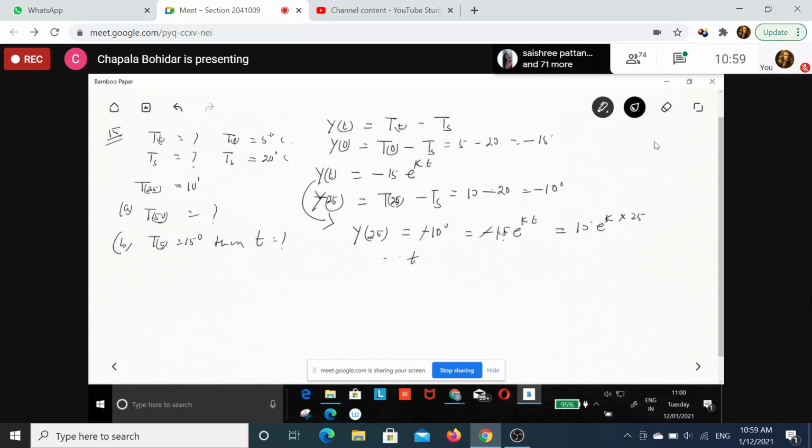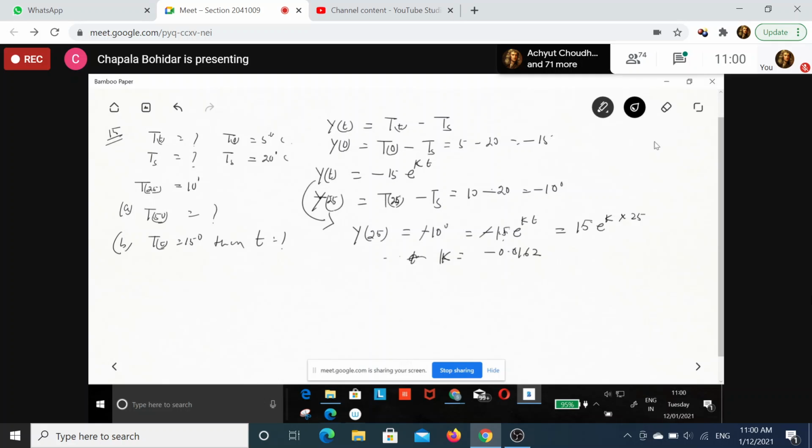So, k is equal to how much? Minus 0.0162. Okay, then the value of k you are getting is this one.